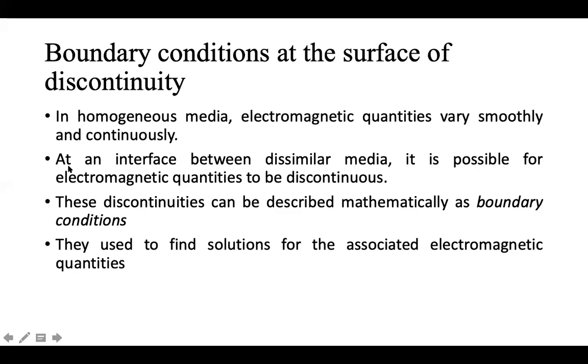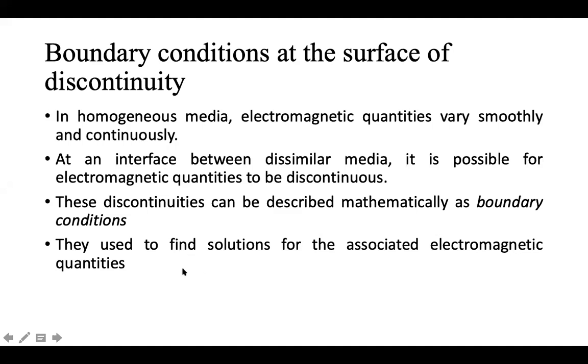But we are talking about a new term called interface. At an interface between dissimilar media, it is possible for electromagnetic quantities to be discontinuous. These discontinuities can be described mathematically as boundary conditions.